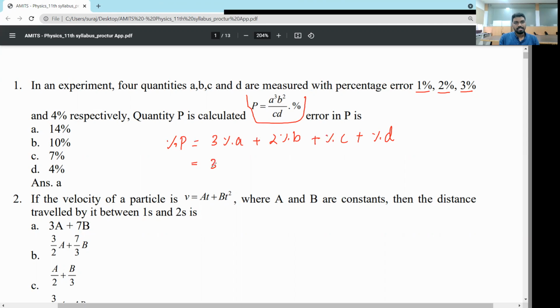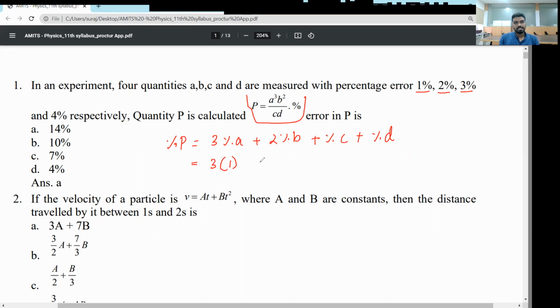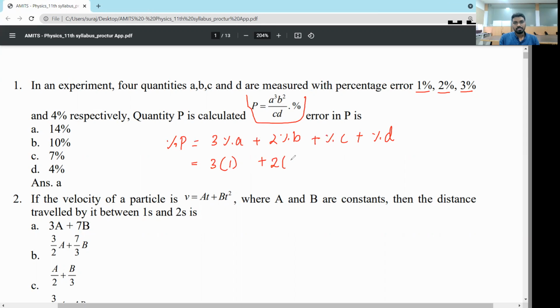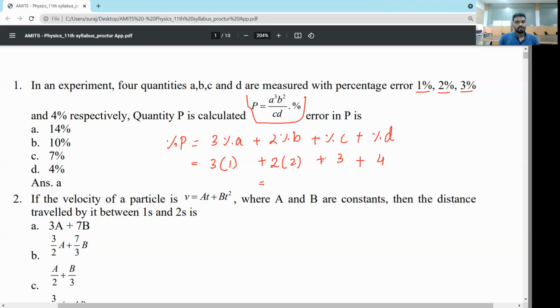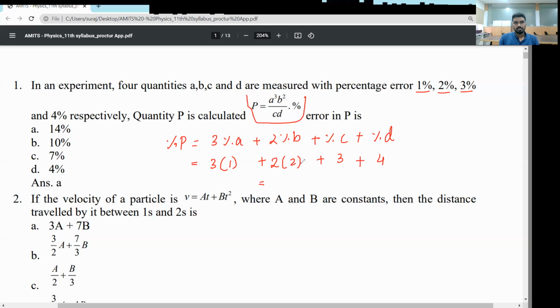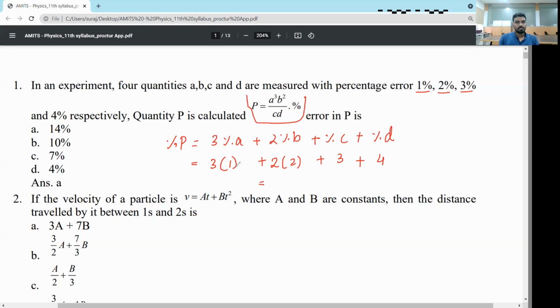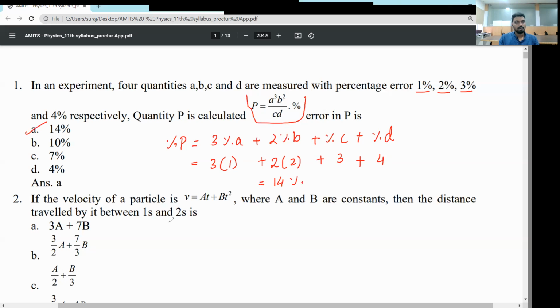So 3 times 1%, A is 1%, plus 2 times 2%, plus 3 for C is just 3%, plus D is 4%. 3 plus 8 is 11, plus 3 is 14, plus 4 is 18... so option A is correct. Fine.